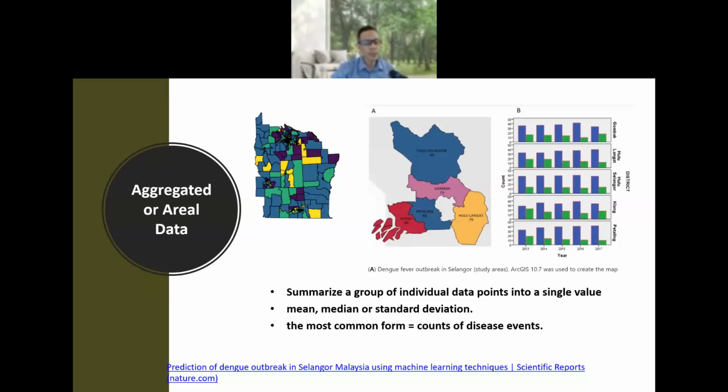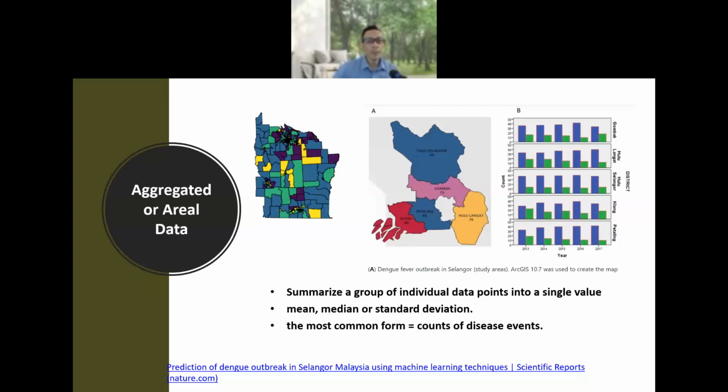You don't have points because in Malaysia, most of the time we take points, or we geocode data, for infectious diseases. Non-infectious diseases we don't geocode, right? But we know that in Pasir Mas, how many people have diabetes, in Kota Baru, how many people have diabetes, in Pasir Putih, how many people have diabetes.